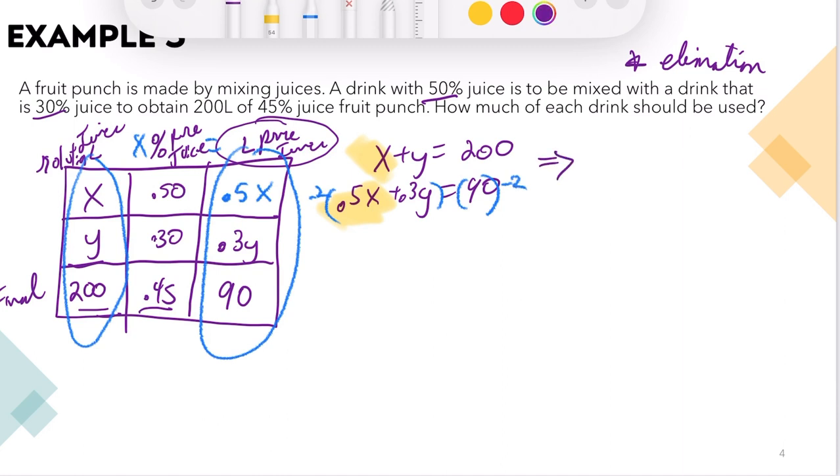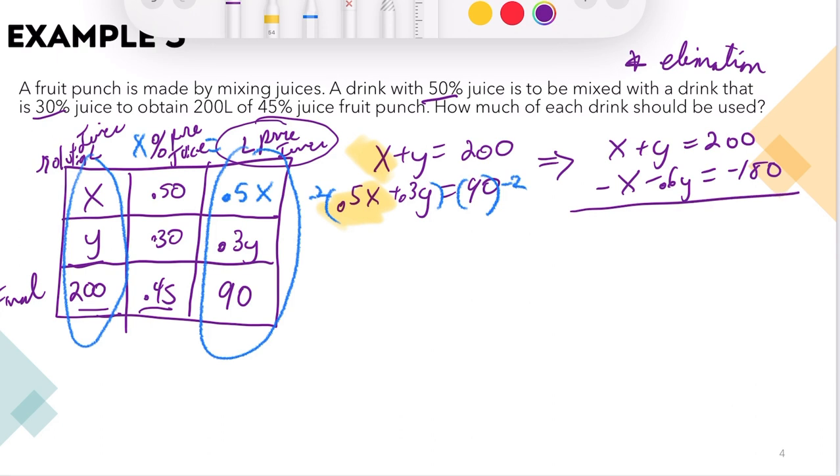That gives me negative x minus 0.6y is negative 180, and x plus y is 200. I add these together. My x's cancel. I have 0.4y equals 20. So y is going to be 50. I know that in the end, I'm trying to get 200 liters.